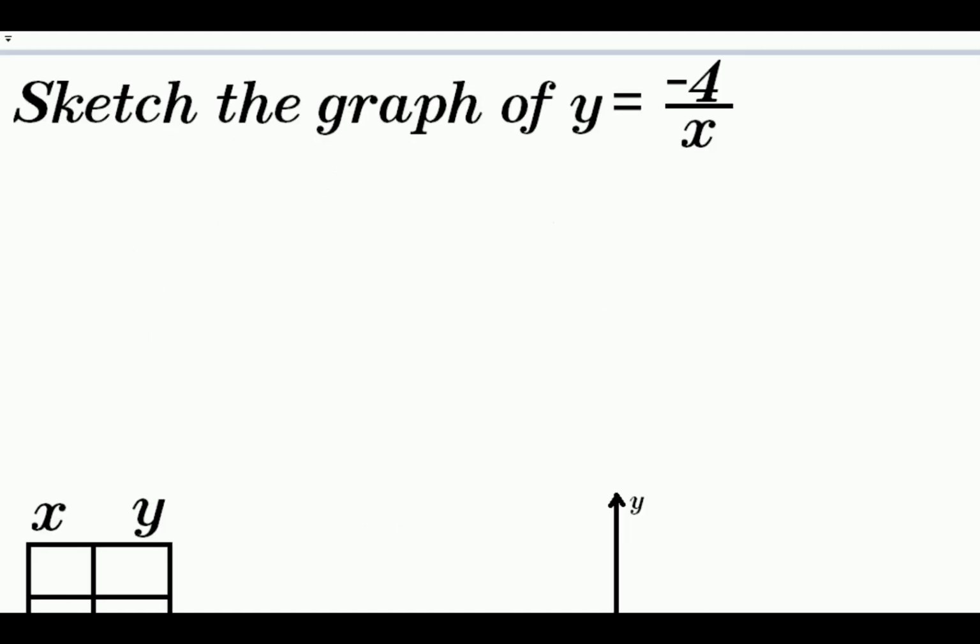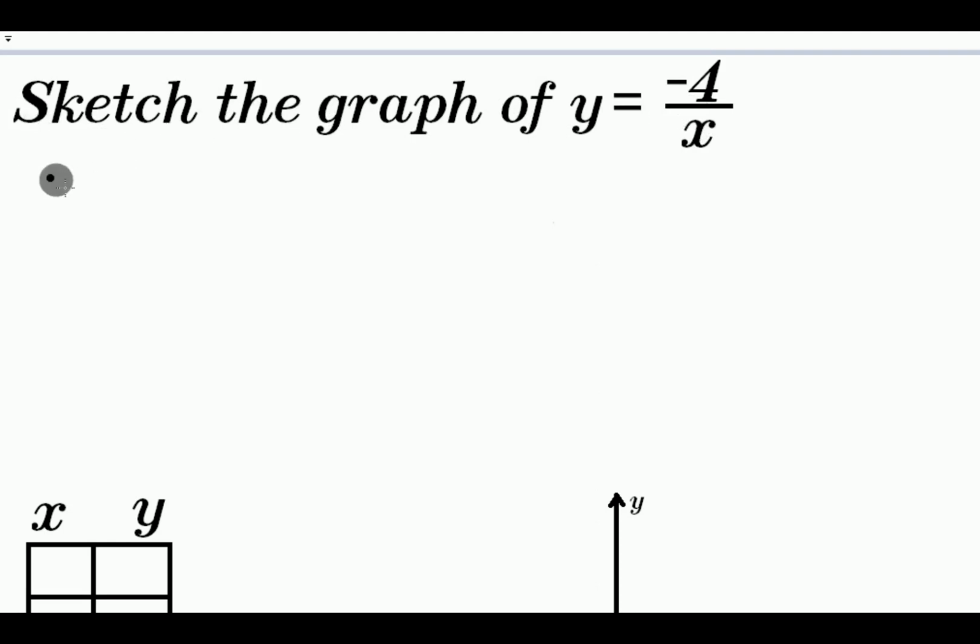Now that we know the properties of the hyperbolic function, we are going to sketch given the equation. So the equation says sketch the graph of y is equal to minus 4 divided by x.